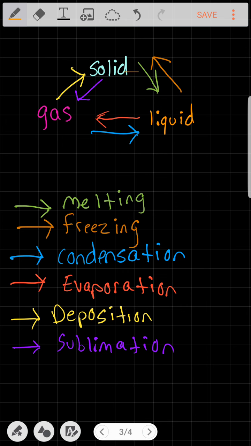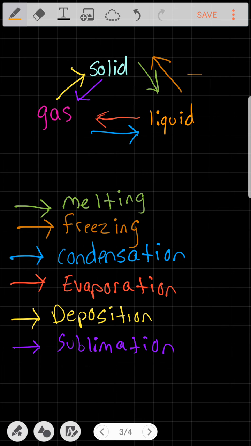That means they're going to go from the solid phase to a liquid phase. That's called, I apologize, it's called melting. So when it goes from solid to liquid, it's melting. So if the temperature increases, it's melting. Also, if the pressure holding the particles closer together decreases, that also is melting.